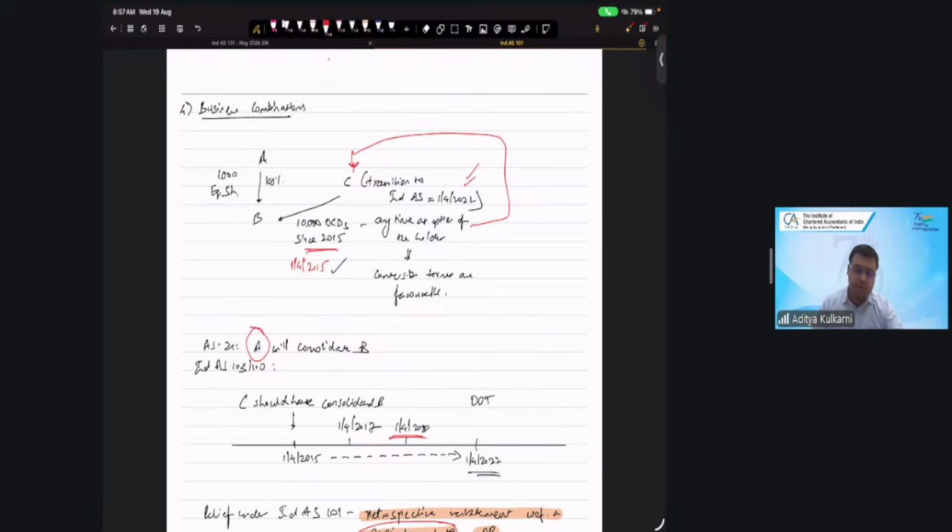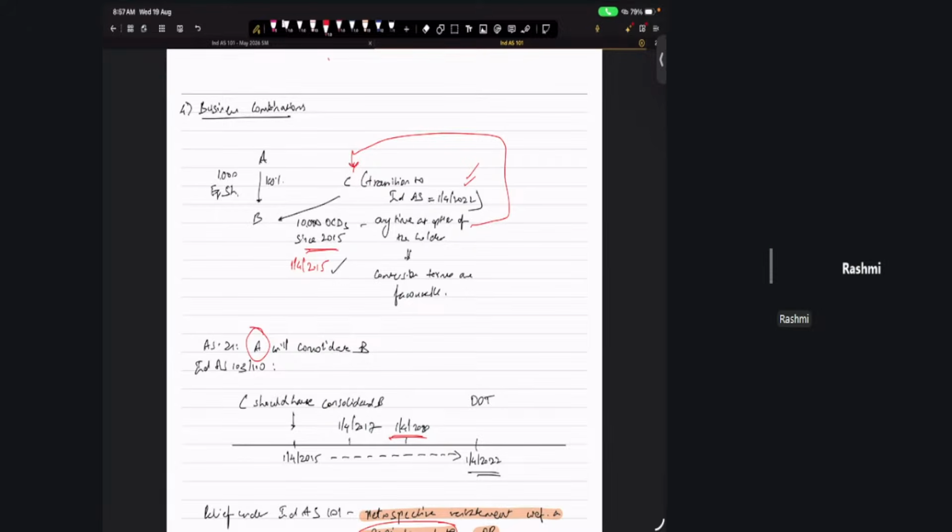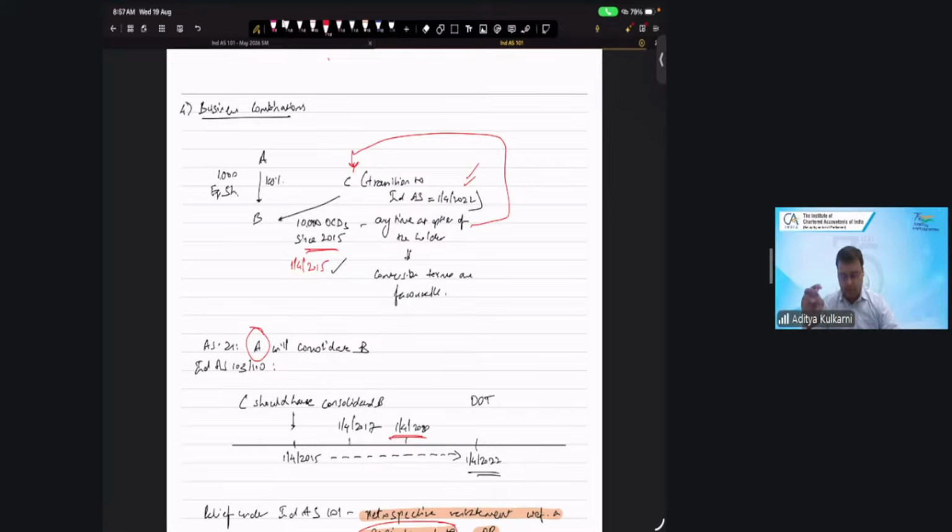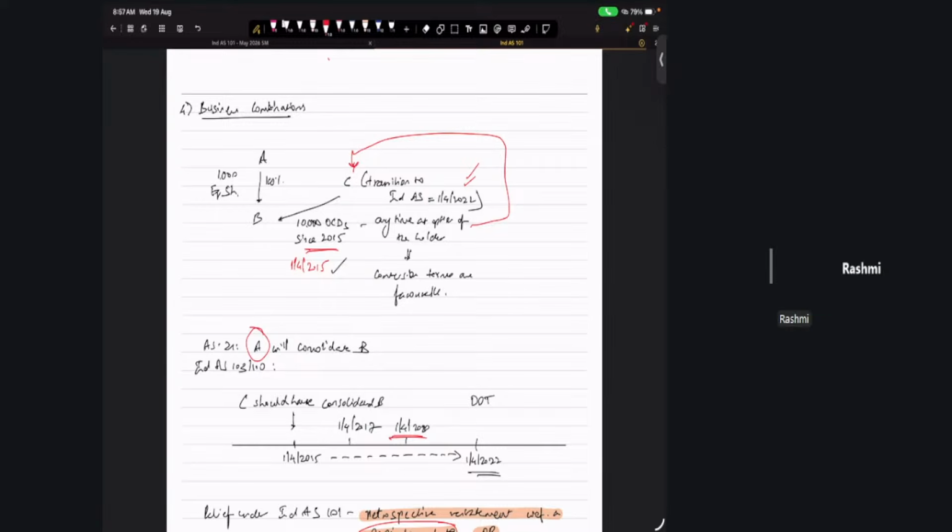Who is having more than 50% stake? A is having more than 50% stake in B. Yes, but I will take you to Ind AS 103 and Ind AS 110. What is the definition of control under Ind AS 110? You can recollect, more than 50%.